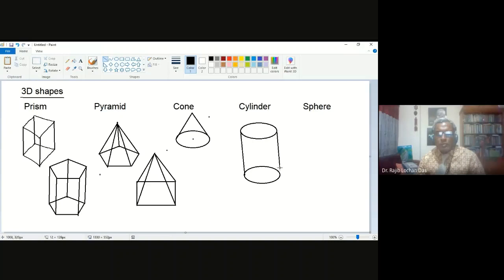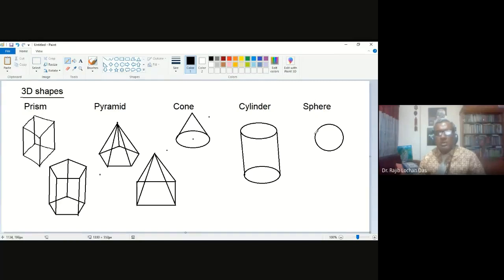That will be cylinder, like a pipe or a bottle. And sphere is different. Sphere is just a football, a round shape, 3D. So this is the sphere.